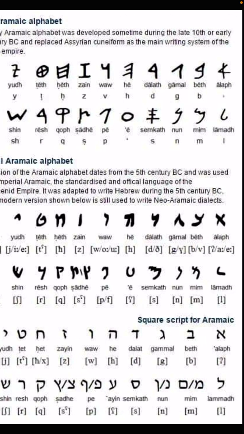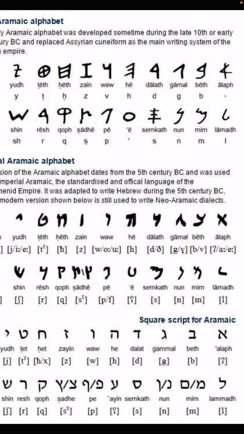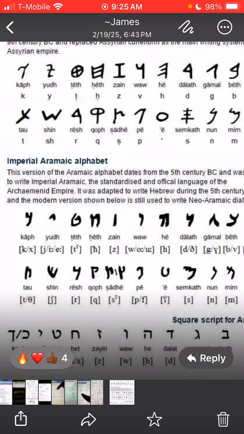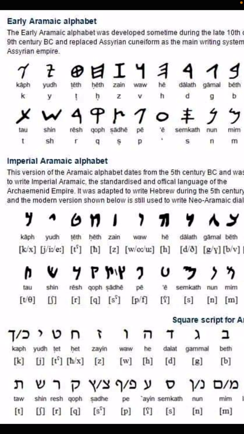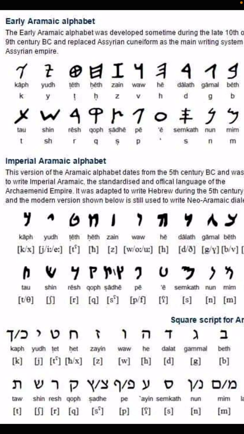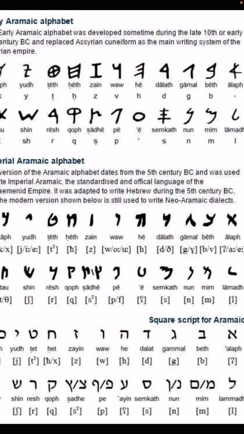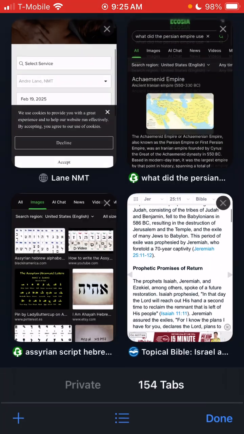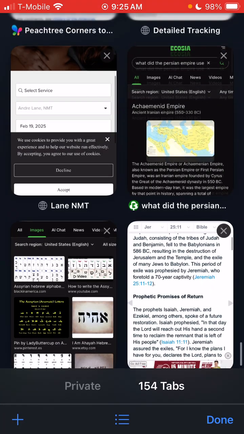This version of the Aramaic alphabet dates from the 5th century BC and was used to write Imperial Aramaic, the standardized and official language of the Achaemenid Empire. It was adapted to write Hebrew during the 5th century BC, and the modern version shown below is still used to write Neo-Aramaic dialects.